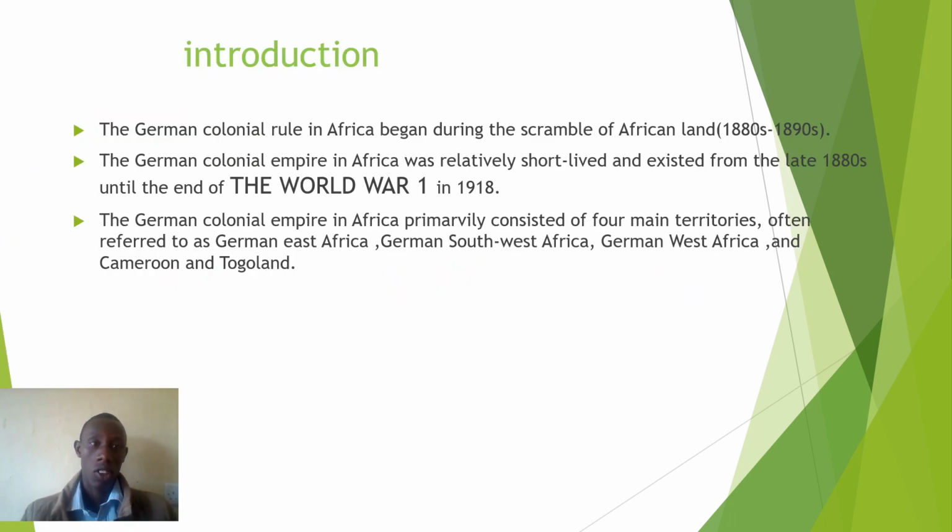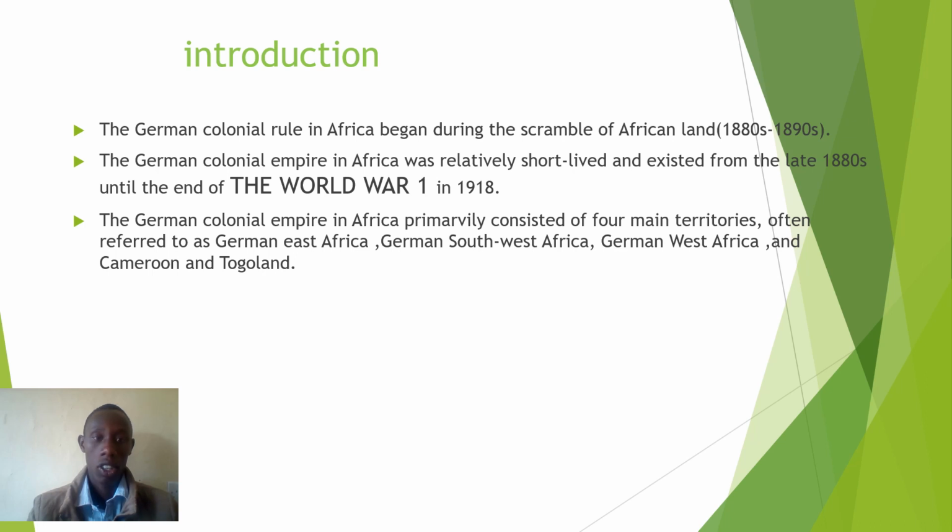The German colonization in Africa started in the early years, 1880s to 1890s. That was during the scramble and partition of African territory. The German Empire in Africa was relatively short-lived and existed from the late 1880s until the end of the First World War in 1918.